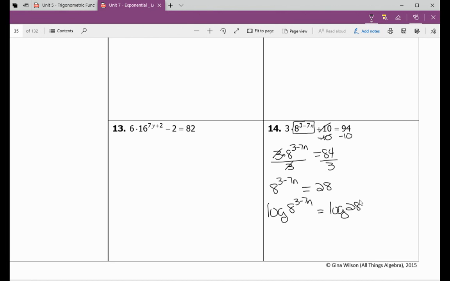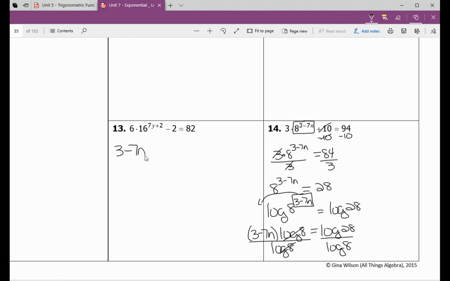And from this point, it does the same thing. Once you log both sides, you always move your exponent out in front. The next thing you will do is divide both sides by that logarithm on the left. So I end up with 3 minus 7n because the log of 8's canceled.